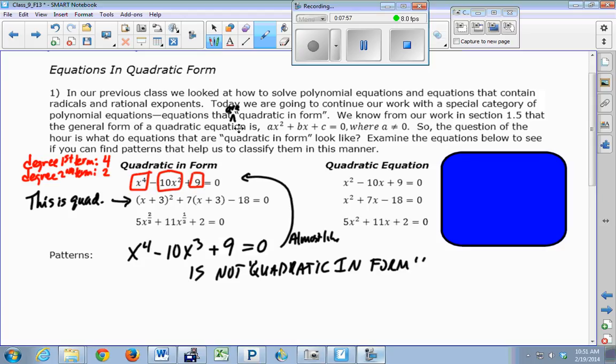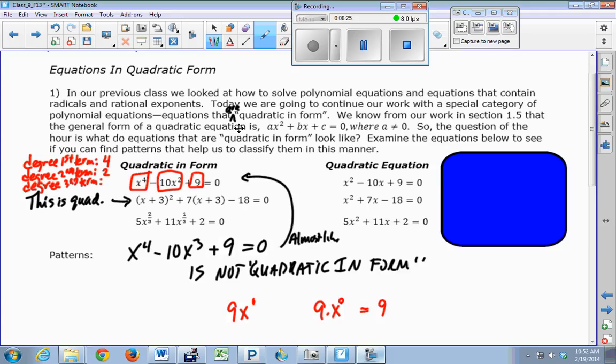And this one's a little tricky. What's the degree of your constant term? If it were 1, it's a good guess. If it were 1, it would look like this, 9x. That has degree 1 because there's a 1 on that x. So what could we put beside that? What power could we put for x so that it would equal 9? 0, because anything except for 0 to the 0 power is 1.